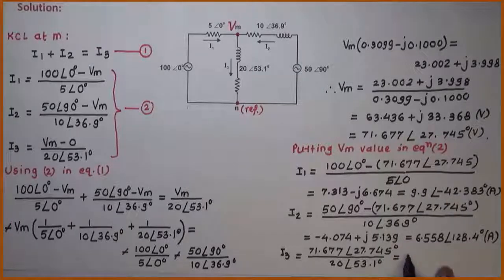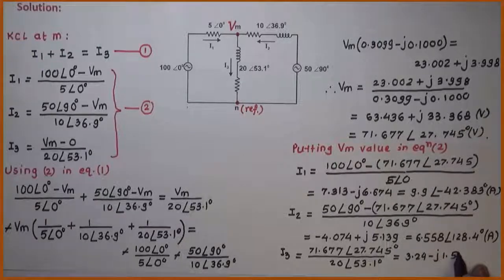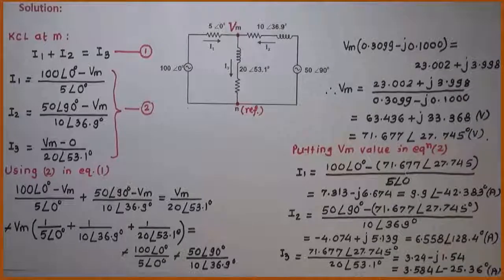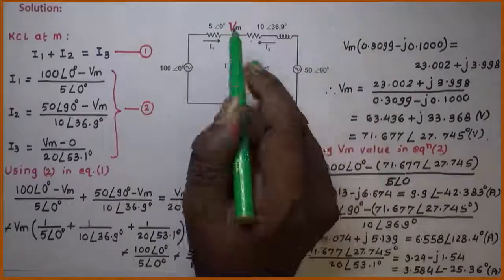This comes out to be 3.24 minus j1.54, and in polar form it comes out to be 3.584∠-25.36 degrees.